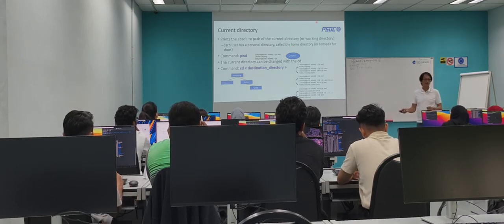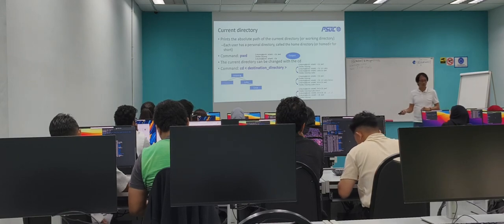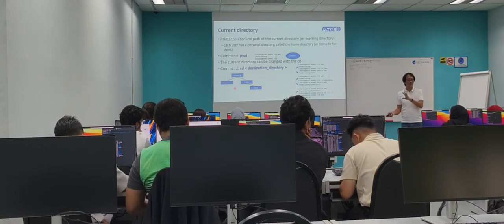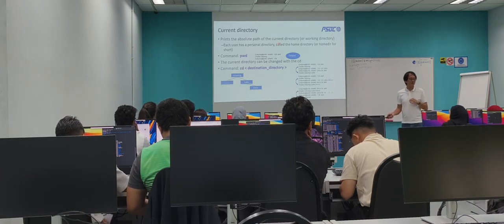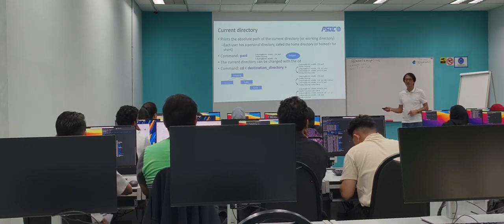For you guys, because you log in as user01, it will show /home/user01, 02, etc. So is everyone able to show the home directory, or is anyone not able to do that?